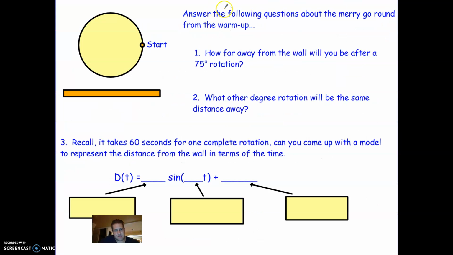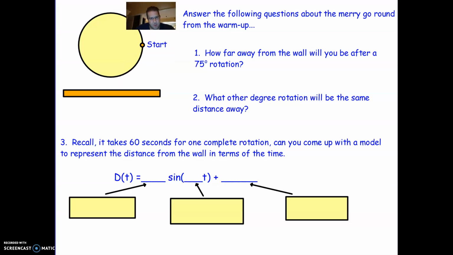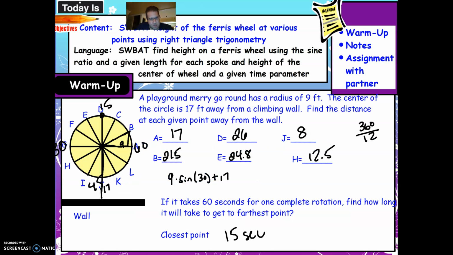All right, so answer the following questions about the merry-go-round from the warm-up. I'm going to move myself again. I like to be up top. Oh, there we go. How far away from the wall would you be after a 75-degree rotation? We're still using the same numbers from the warm-up: 17 feet and 9 feet.